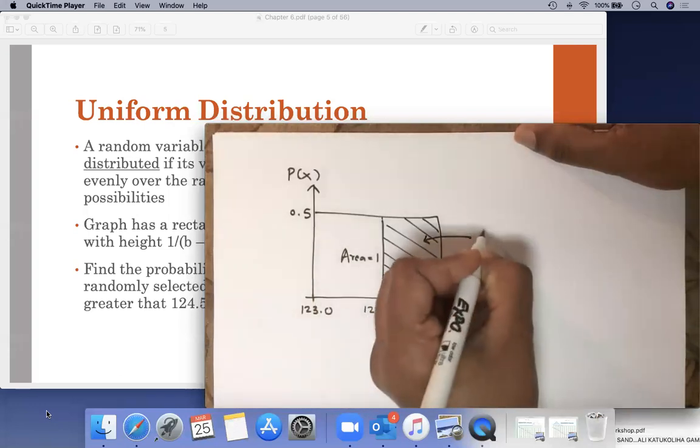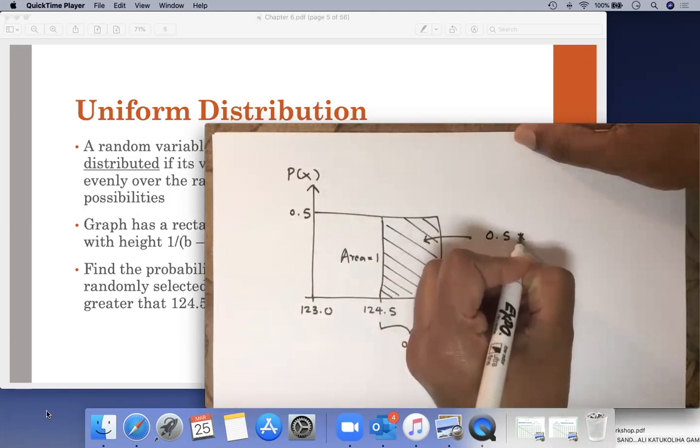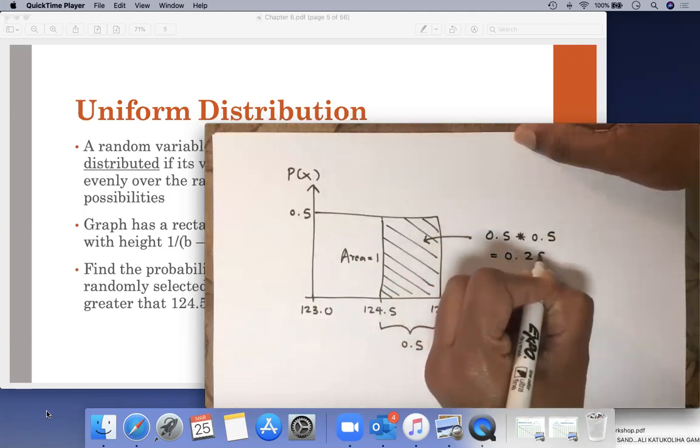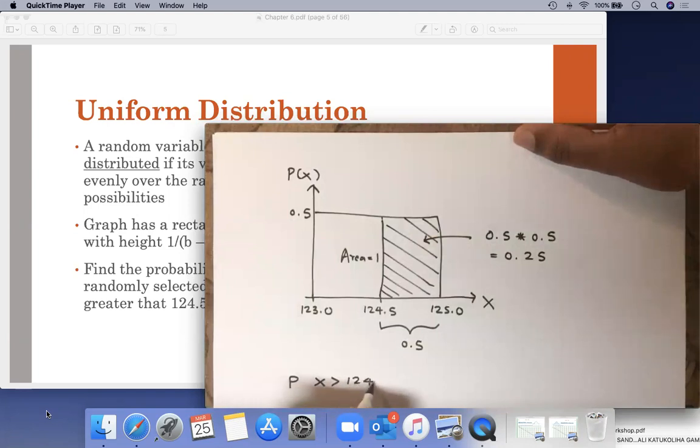So what is the area? 0.5 times 0.5. It will be 0.25. Okay, so what is the answer? You can write it this way: probability of x greater than 124.5 voltage is 0.25.